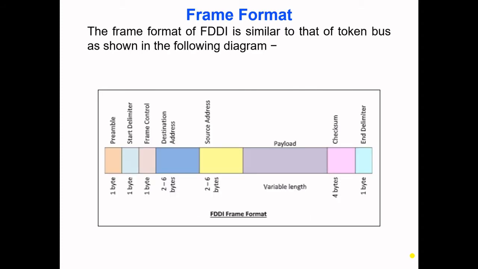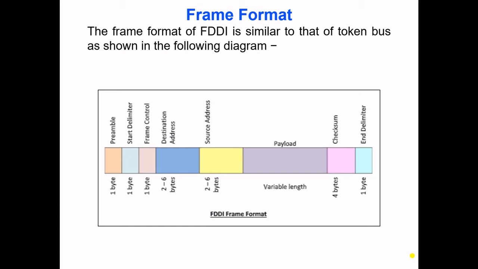Now the frame format. The frame format of FDDI is similar to that of token bus as shown in the following diagram. There are several fields. The preamble field takes 1 byte. Start delimiter 1 byte. Frame control 1 byte.